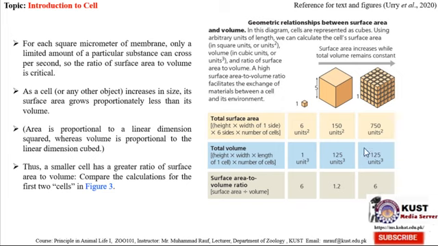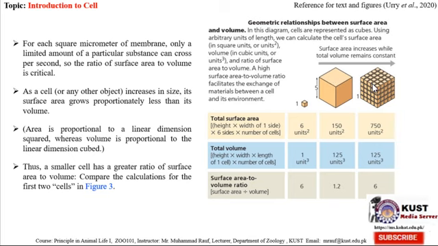So you can see here that a larger cell has lesser surface area to volume ratio as compared to smaller cells, because if the smaller cells have gaps in between, then there will be more area exposed to the extracellular environment as compared to a single large cell.